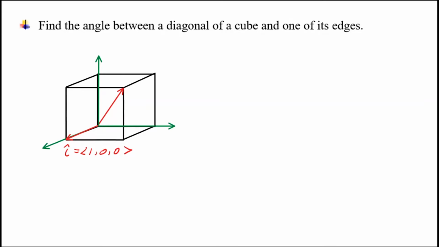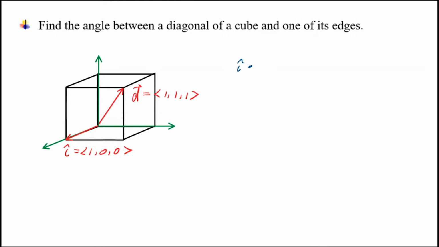Did the problem get much easier? And of course, what should we call this vector? How about D for diagonal? And then the D vector, of course, is (1, 1, 1). Do you see that? Say yes. So how do you find the angle between two vectors? You can still remember, right?